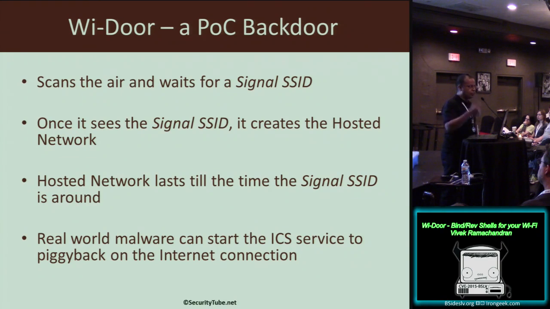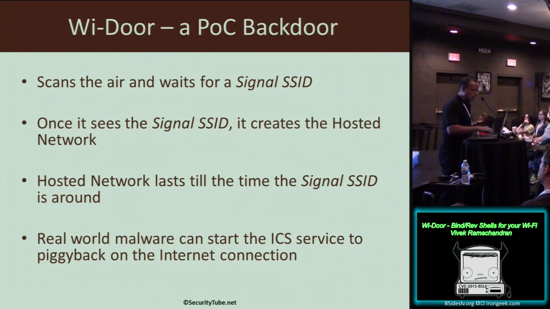The moment Backdoor sees that this signal SSID is available in the vicinity, it automatically starts the hosted network, and the hosted network keeps running as long as the signal SSID is around. Once the attacker connects, tunnels his traffic, does something else, and then decides to bring down his signal SSID, Backdoor automatically shuts down the wireless backdoor.